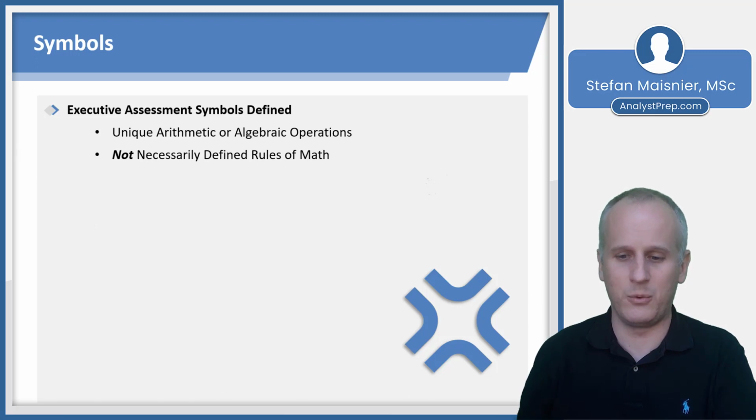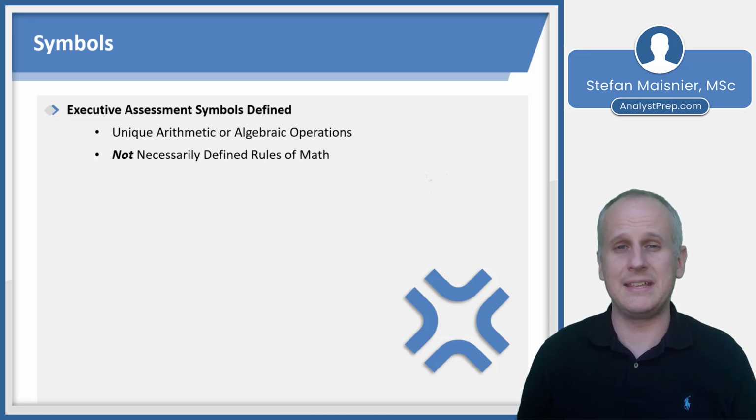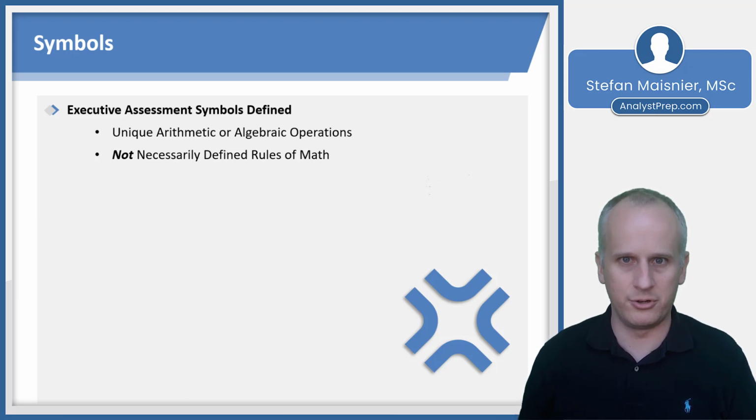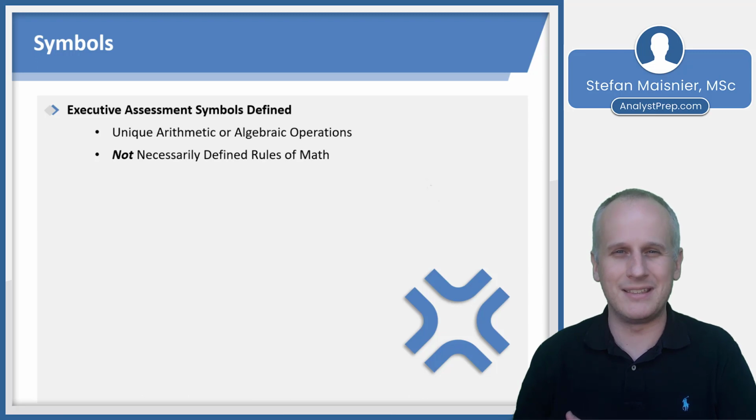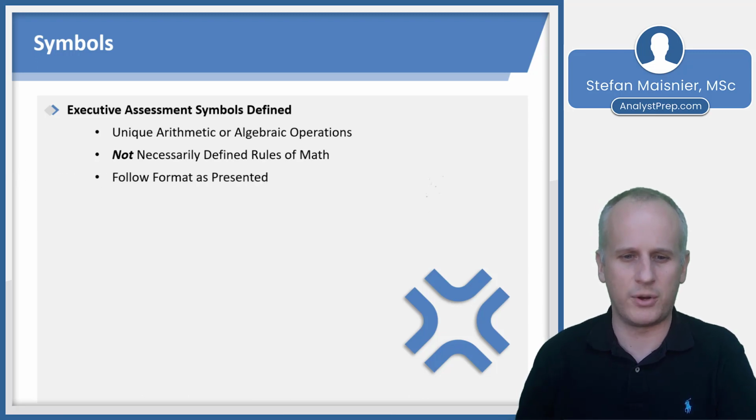So if you're looking at that weird blue cross that's on the screen, that's not some arithmetic operation that you missed someday in 6th grade. That is being defined proprietarily by the test in the problem that you're working through. And basically, these are just follow-the-instructions kind of questions. So you just follow the format as presented, and it's a similar method to functions because you just have to follow the steps of whatever the symbol is said to do.